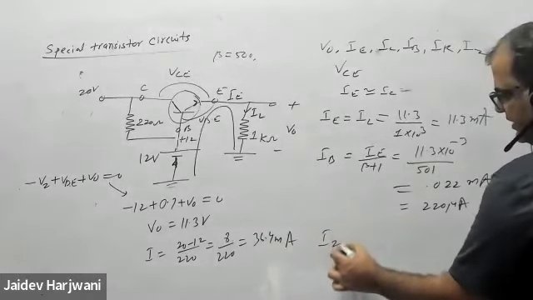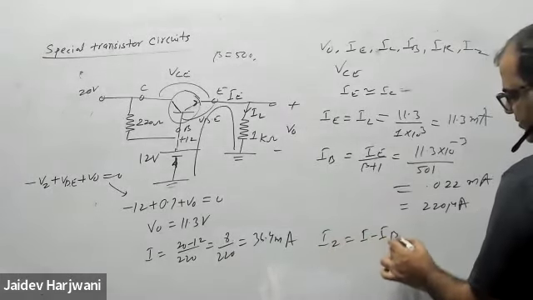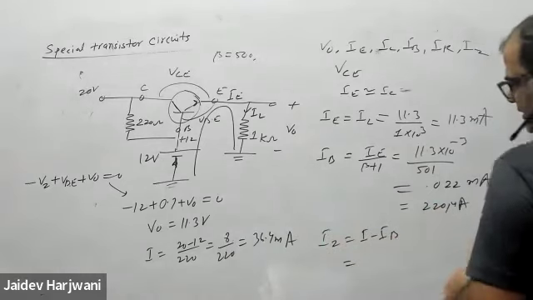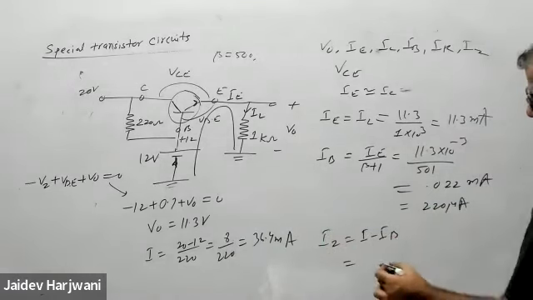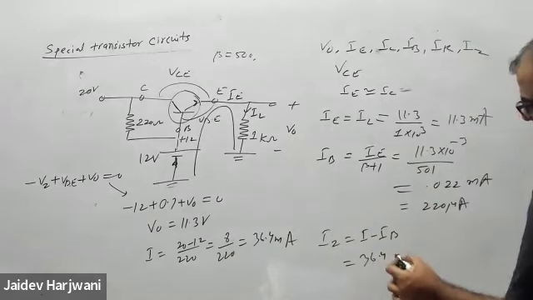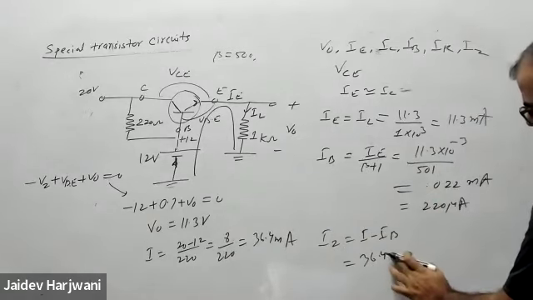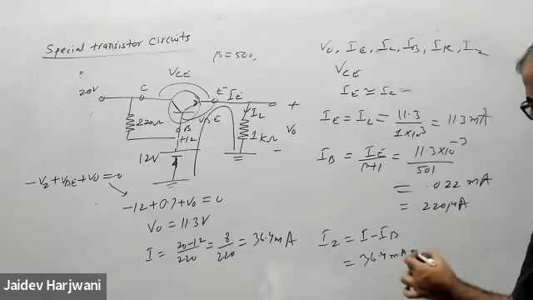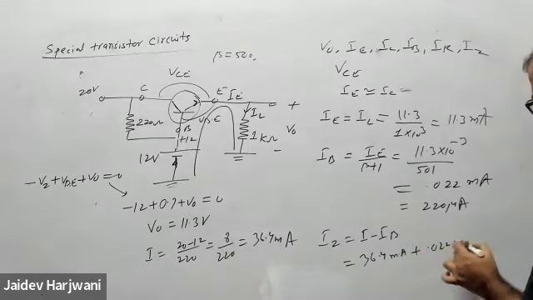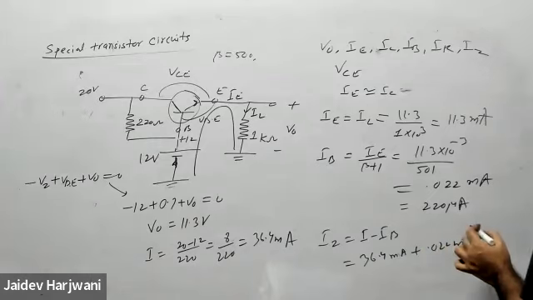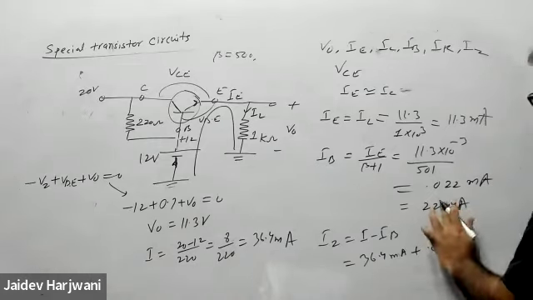So IZ will be I minus IB. I is your 36.4 milliampere, and IB is 0.022 milliamp, that is 22 microampere.